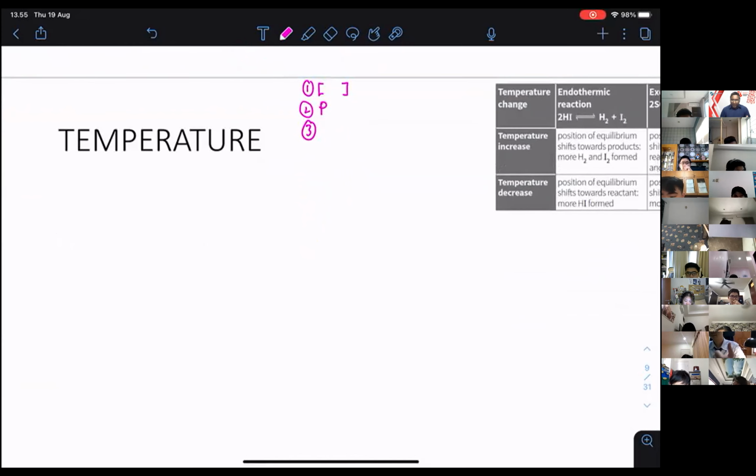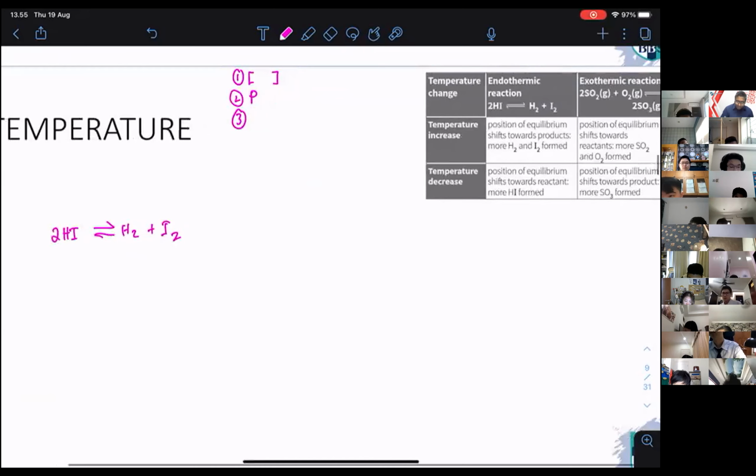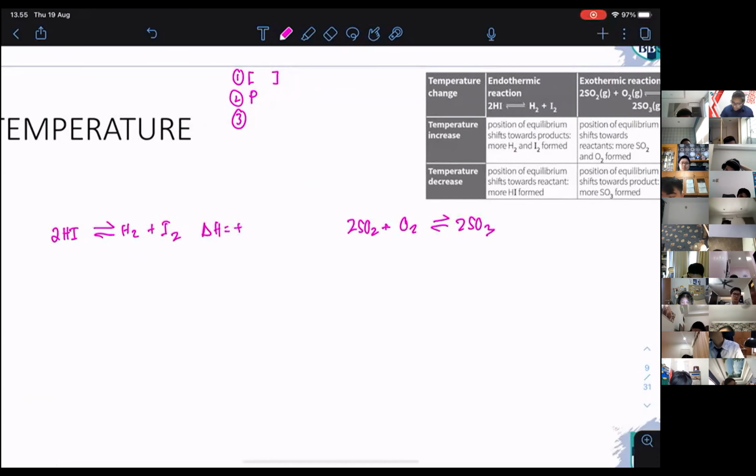My method is basically like this. If I have 2HI, and then I have H2 and I2, and if I have 2SO2 plus O2, and this is going to be 2SO3, this one is going to be an endothermic reaction. This is going to be an exothermic reaction.